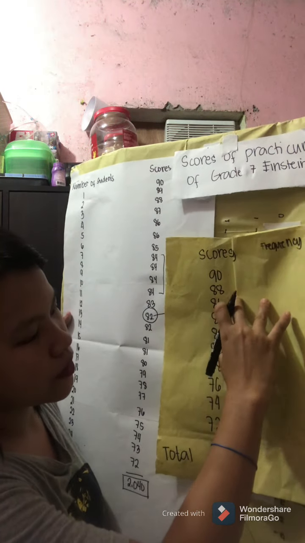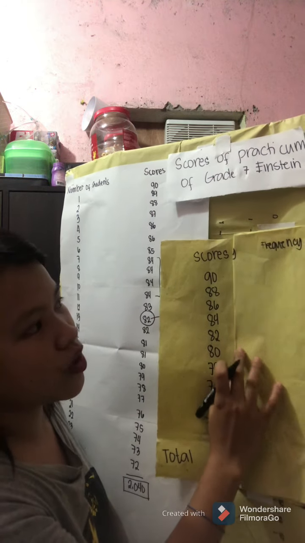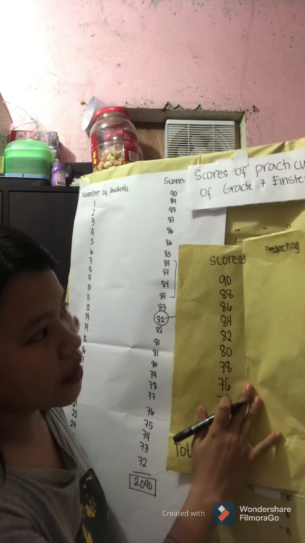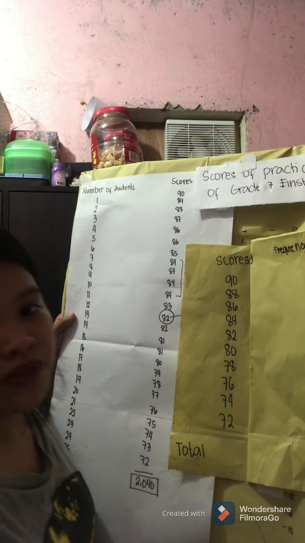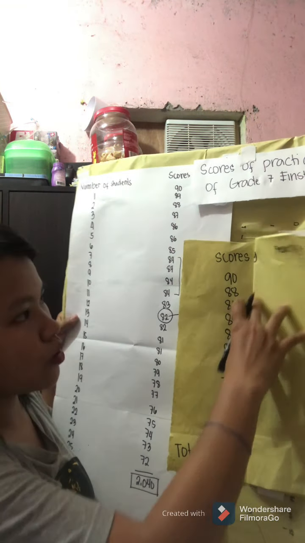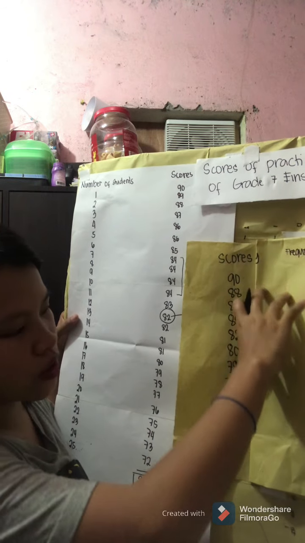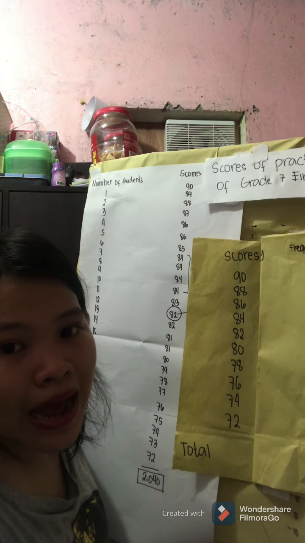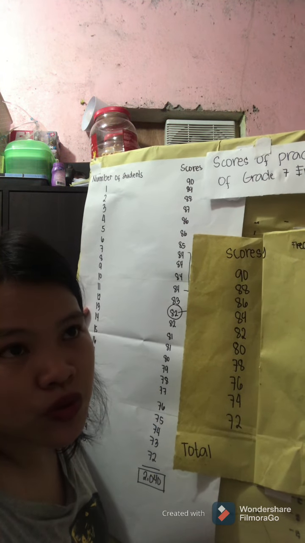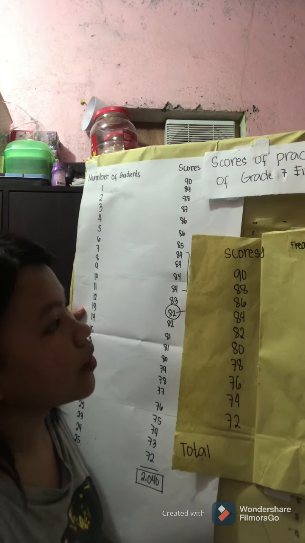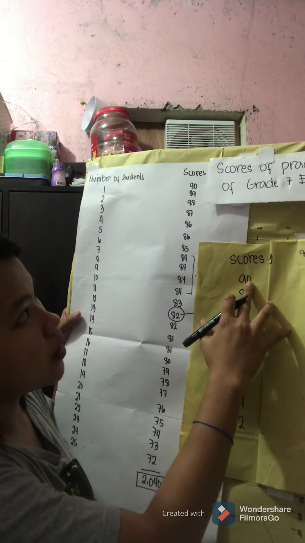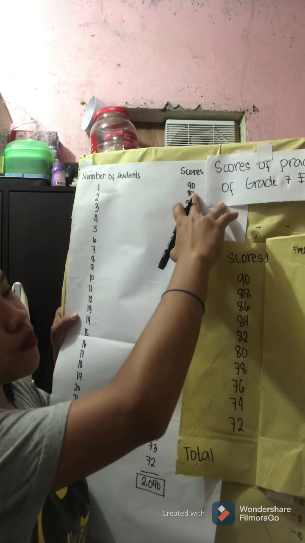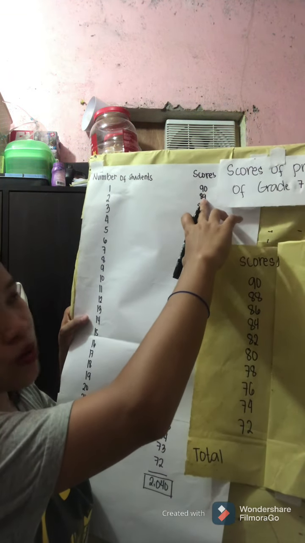Let's identify the frequency. As I've said earlier, in order to get the frequency, we just add the number of students who got the scores. We have the score 90, and only one student got 90.